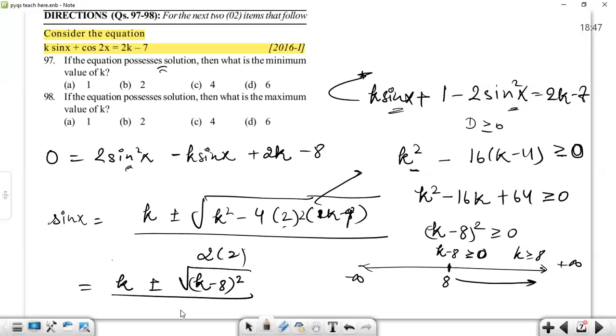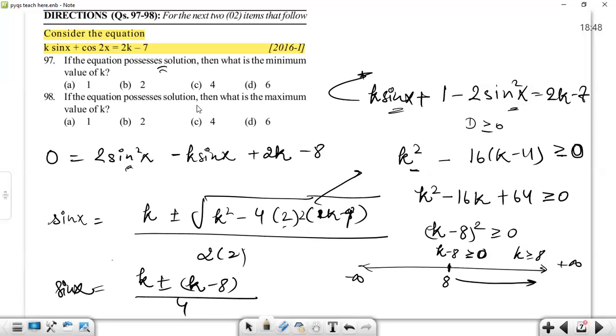Now we can further find out sin x. Earlier we were finding the right domain for k, but the problem was that we were not considering the range of sin x. Sin x also has a certain range, and that is what we need to consider. Here it will be k minus 8 over 4, so this is sin x.